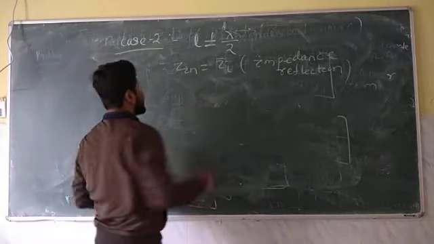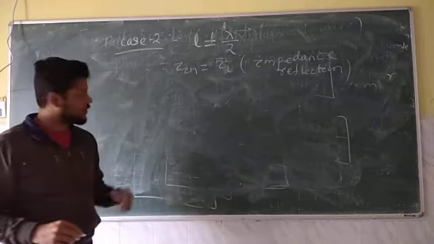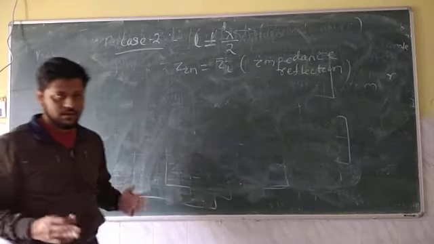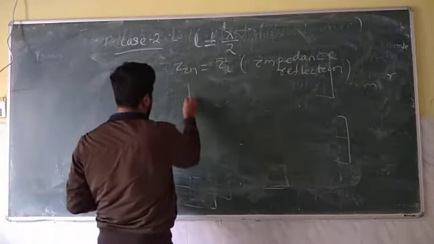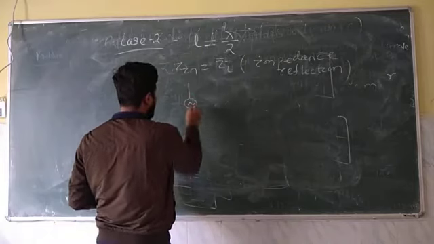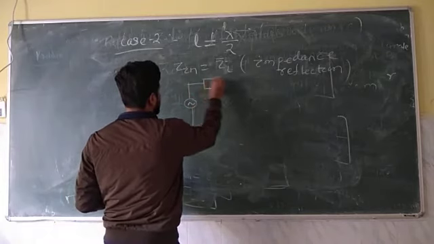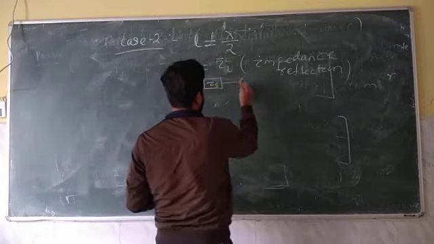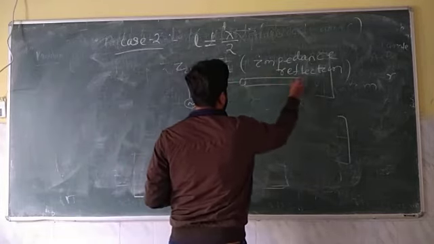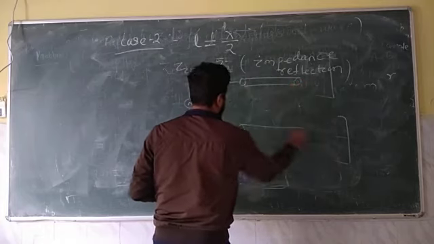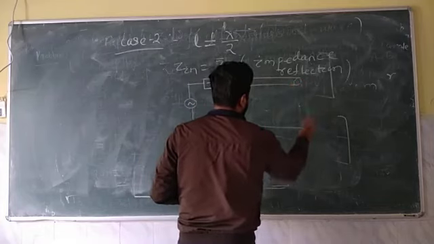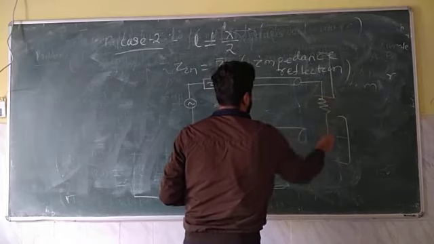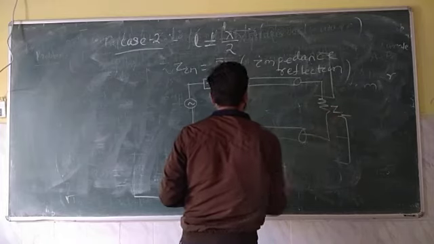So I will draw the diagram for you so that it will give you a clear picture of how this impedance reflection will take place. Suppose this is your ZS. This is ZL.